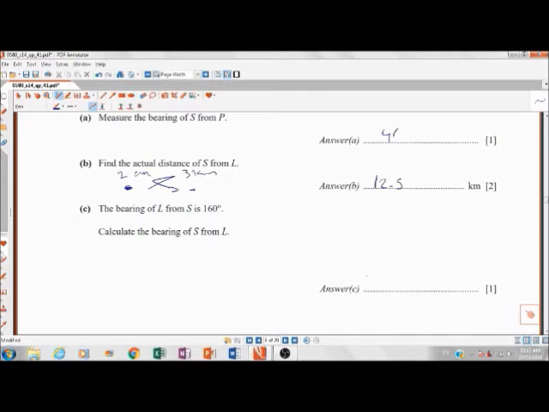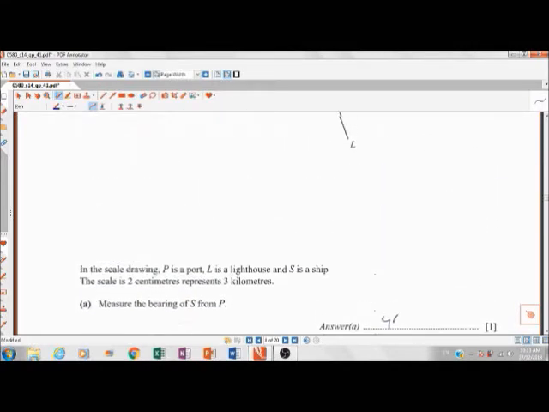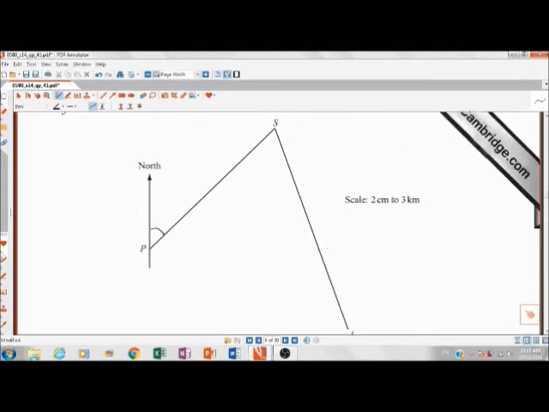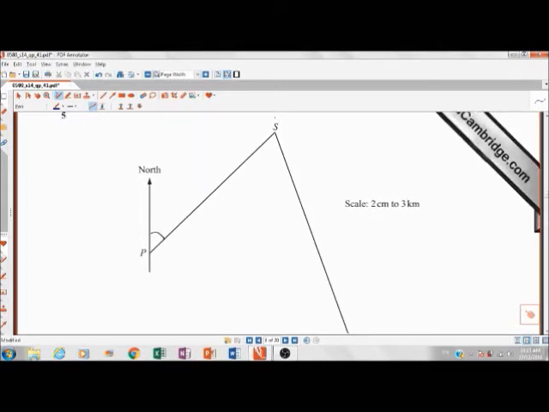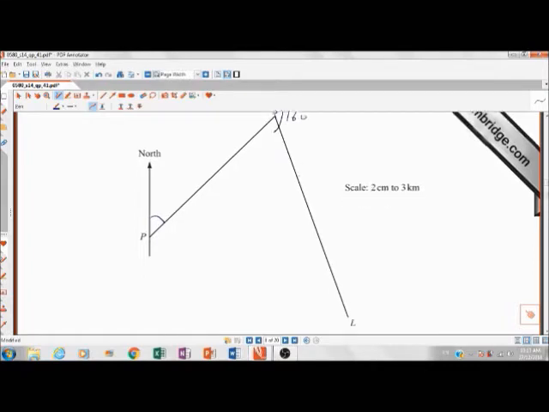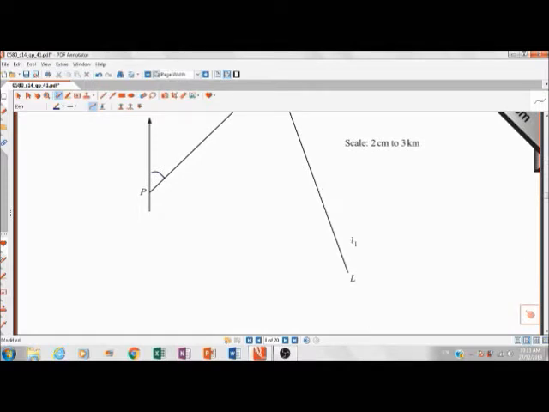Right, the bearing of S from L is 160. They said that the bearing of S from L is 160, so this is 160. And they want this bearing right here.